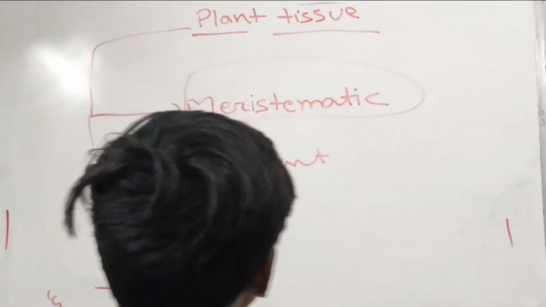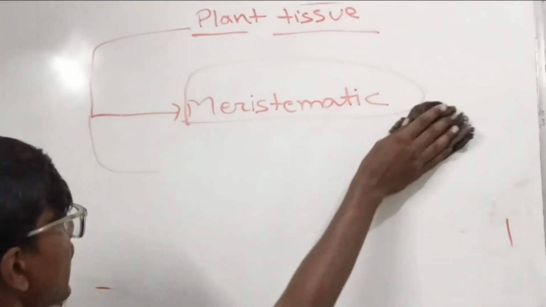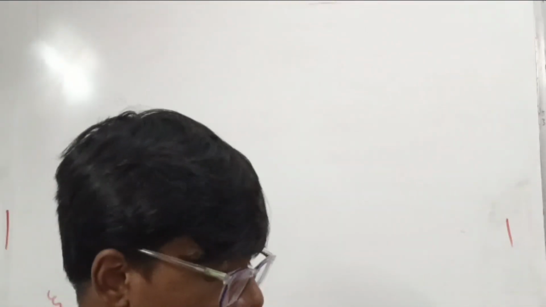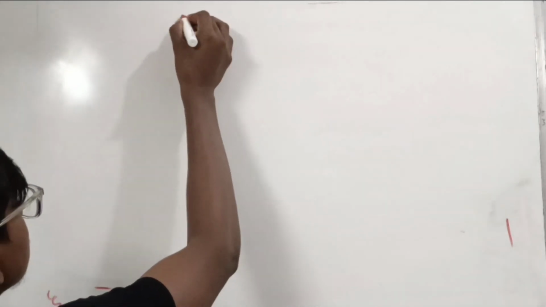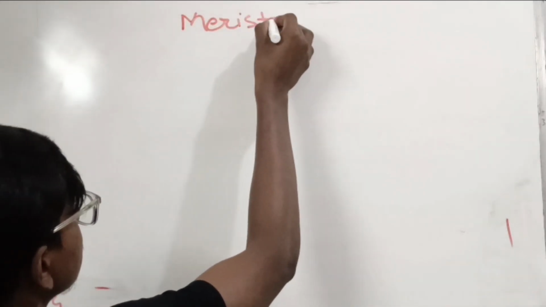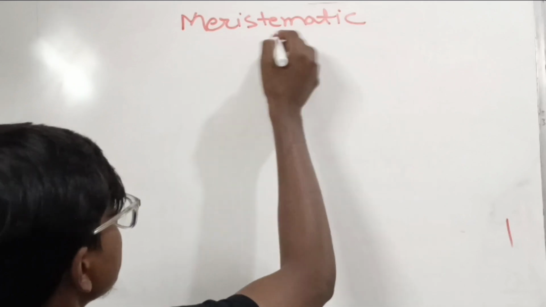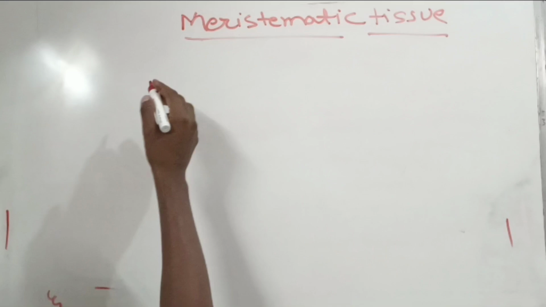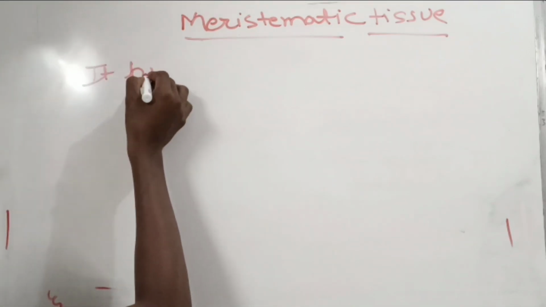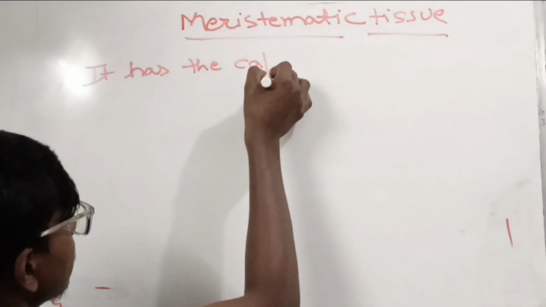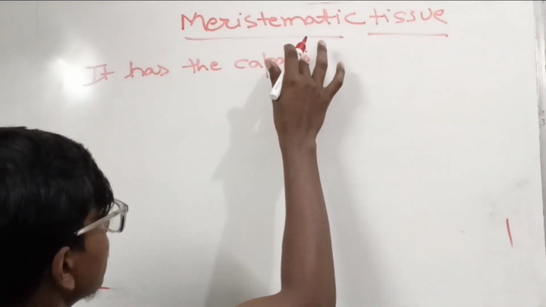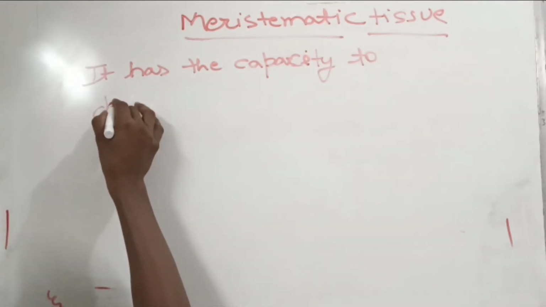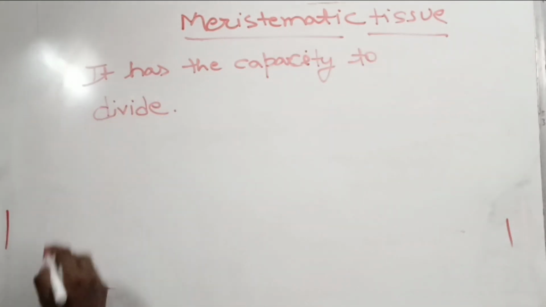So meristematic tissue has the capacity to divide.